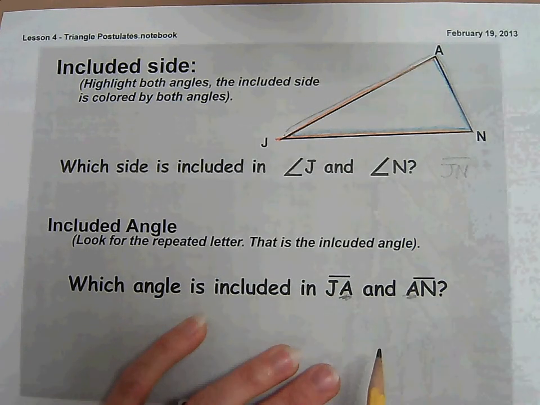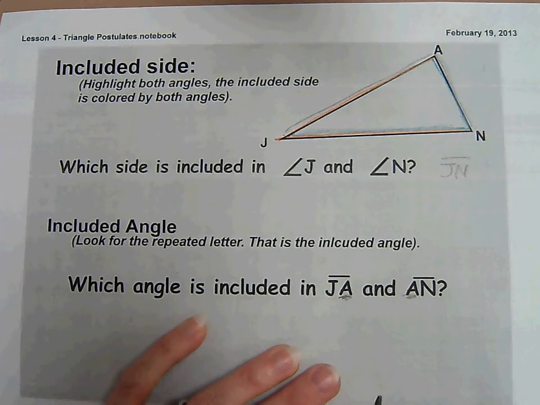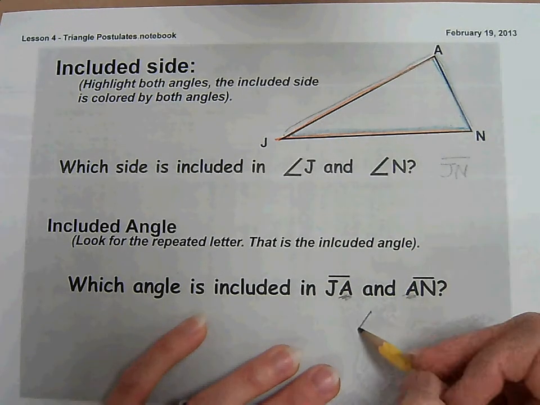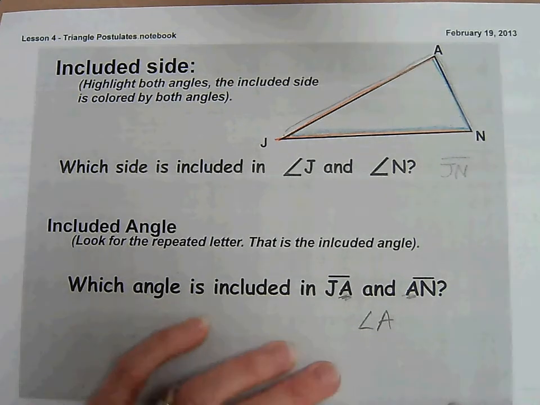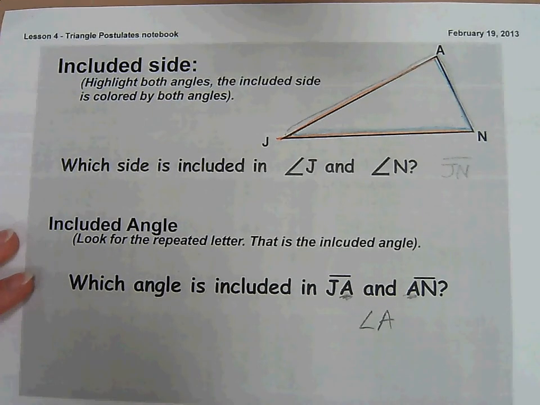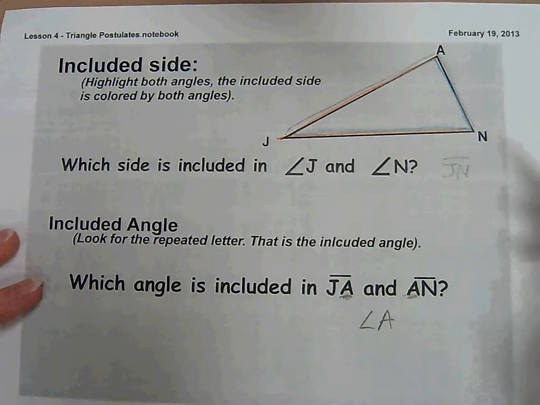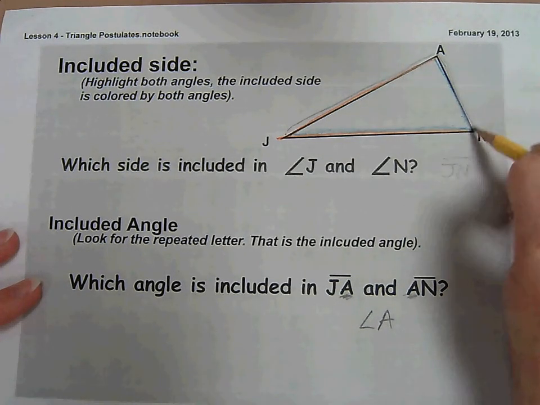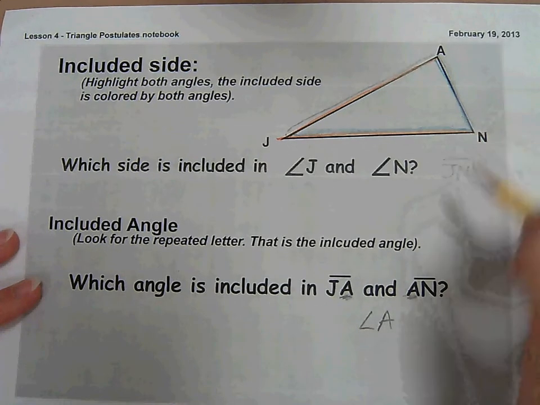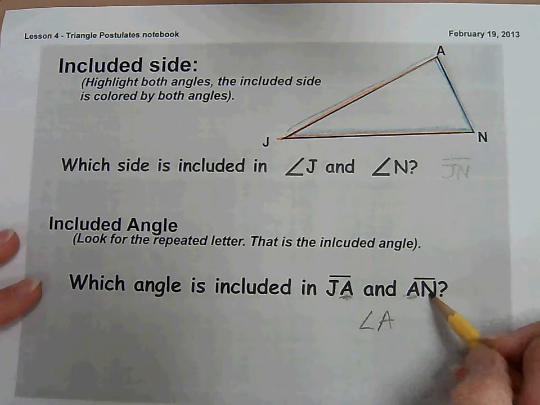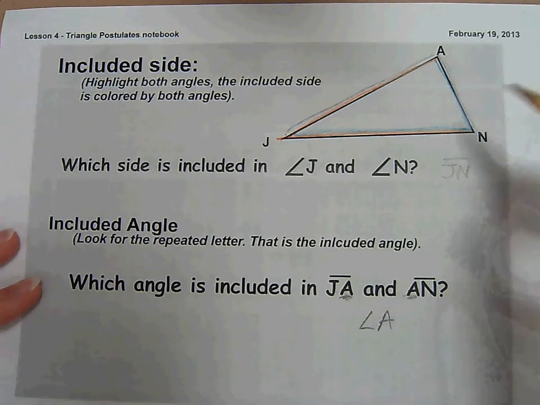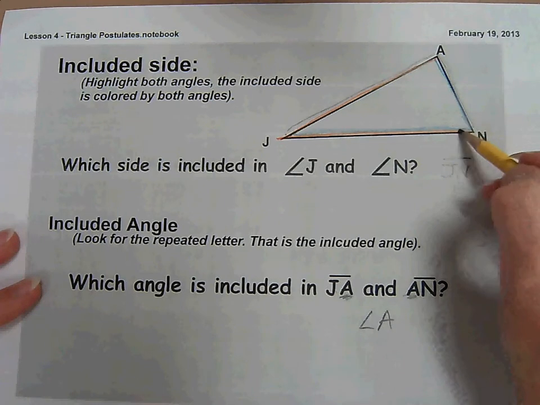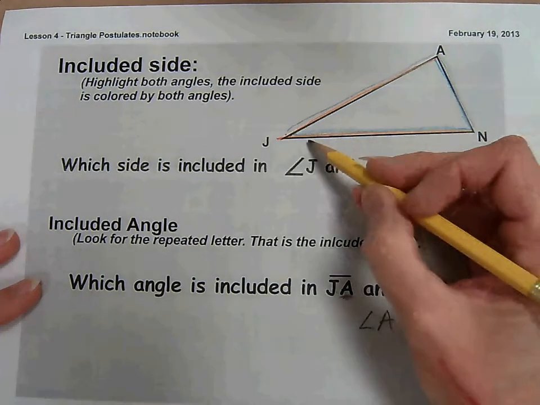But it's not the definition of between, because these are not collinear points, right? But they do make up angle A. So when we talk about the included angle, this is what we're talking about: the angle that's included between 2 sides. So angle N is not included between these 2 sides. And if we talk about the included side, we're talking about the included side of two angles, a side that is between two angles.